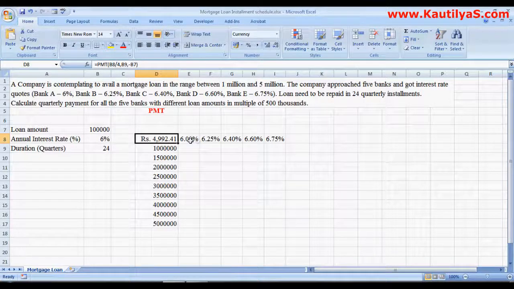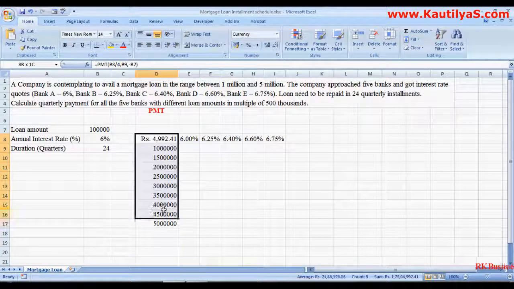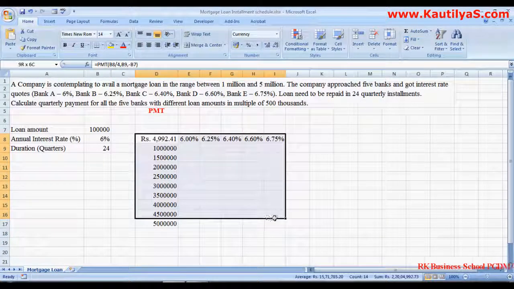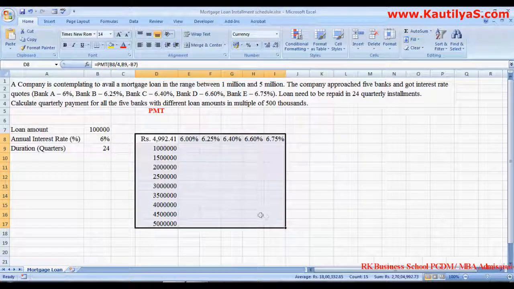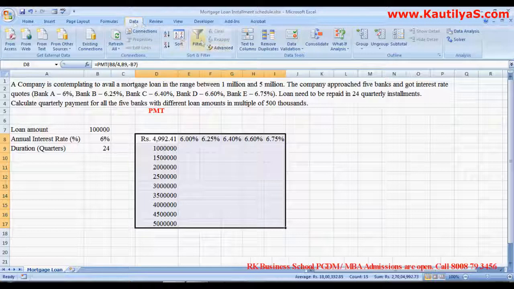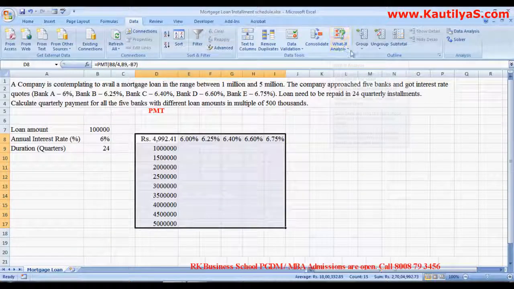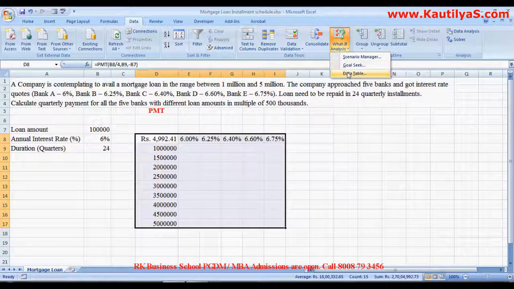In the adjacent cells to the right, in a row we mentioned interest rates, in a column we mentioned the loan amount. Now, including this equation where we wrote, select the total grid, then go to Data, then What-If Analysis, click on Table.